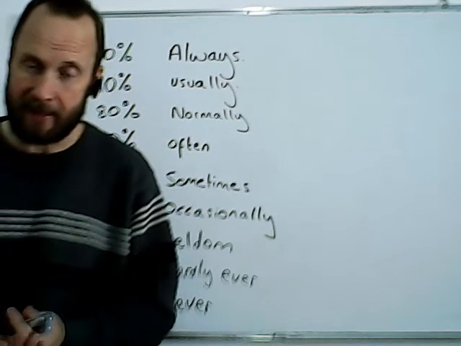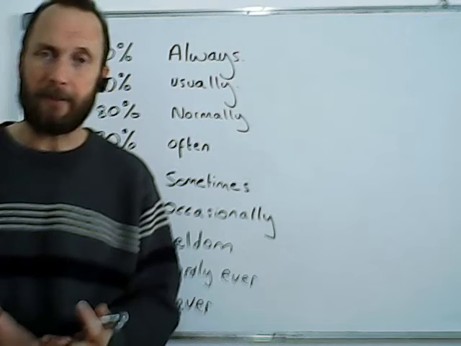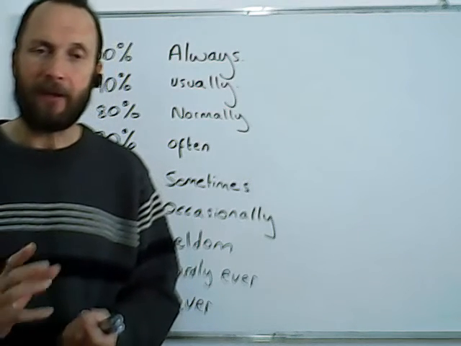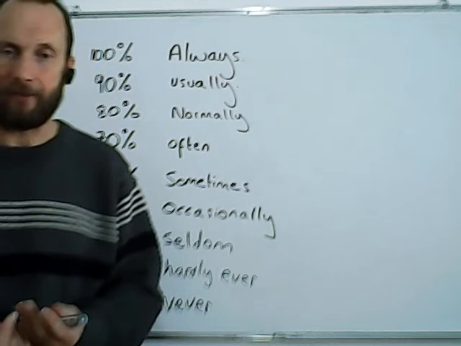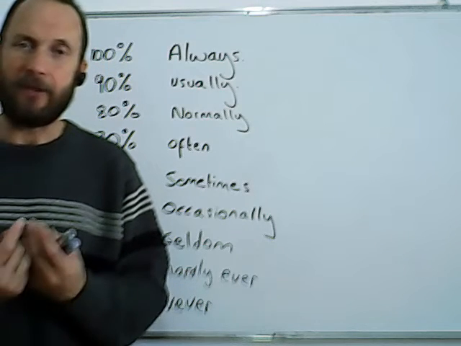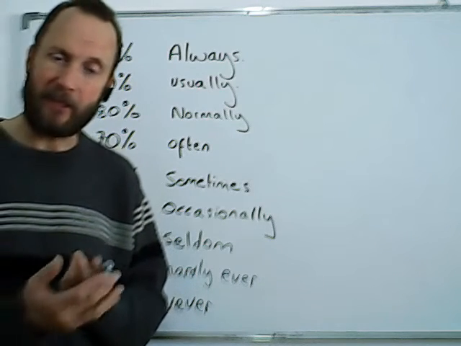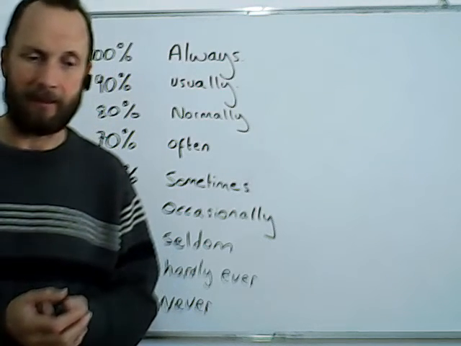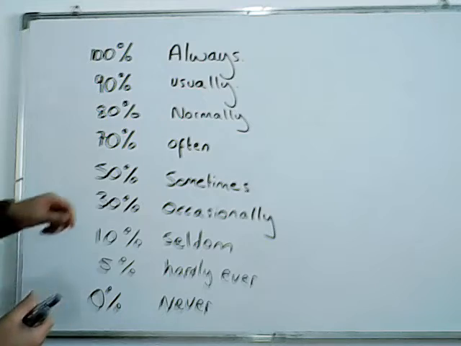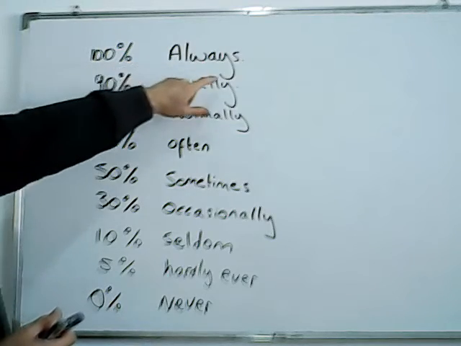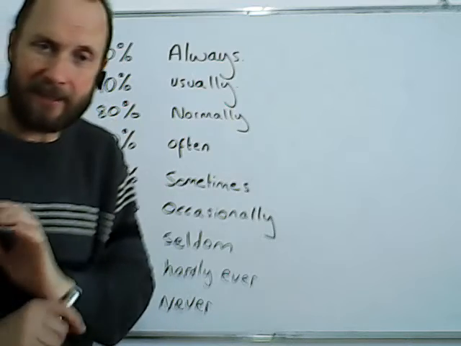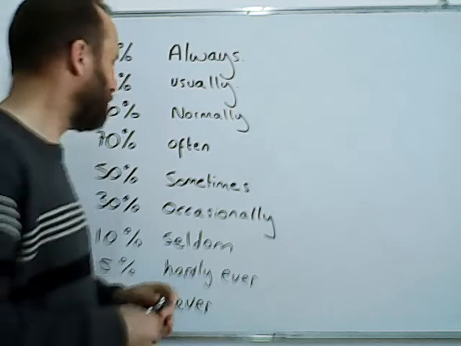And don't forget, okay, where do we put them in a sentence? If we're using a verb, they normally come before the verb. If we're using the verb to be with an adjective, then they're after the verb to be. Okay, so for example here, I always have breakfast. Whatever time I get up, I always have breakfast.